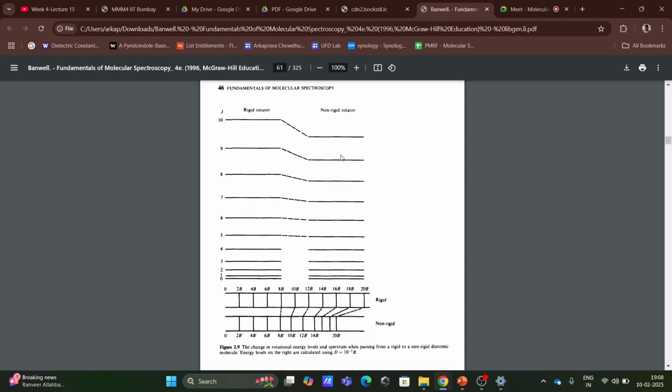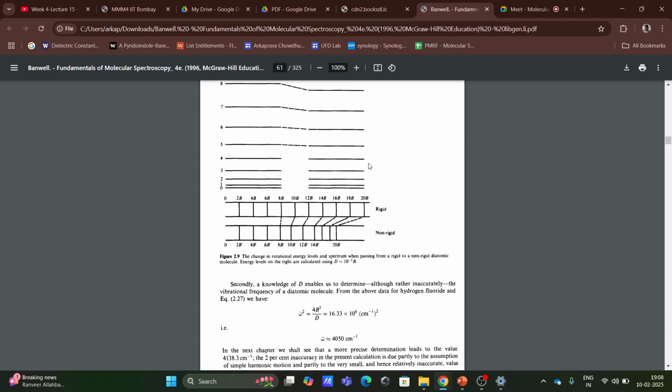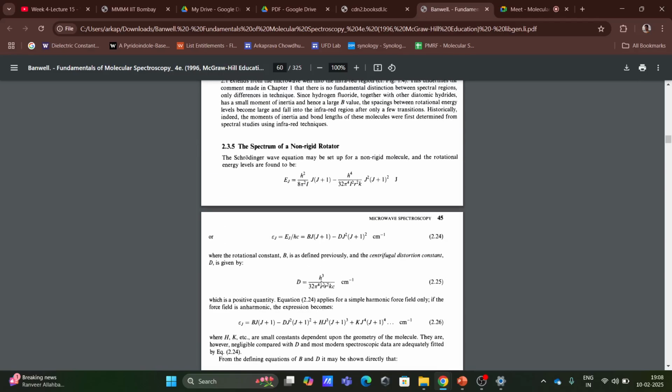So these are just a few points, the redshift and blueshift, and there is a relationship between the frequency squared, omega, with your rotational constant and centrifugal distortion constant. This equation you may remember, but you don't have to remember this long thing. I hope in examination, if something comes, they will give you the value.